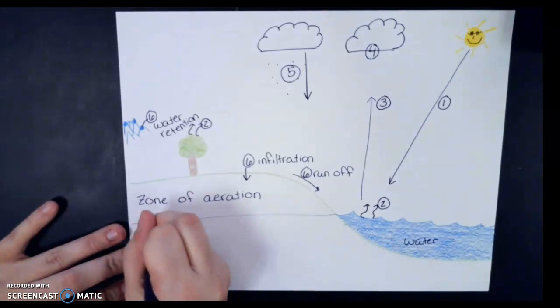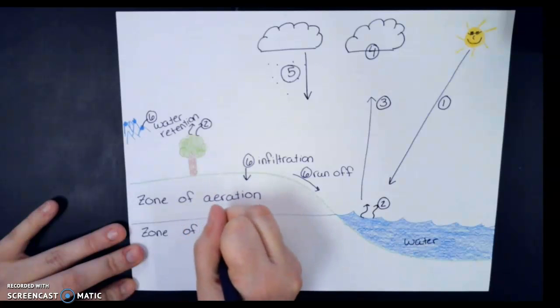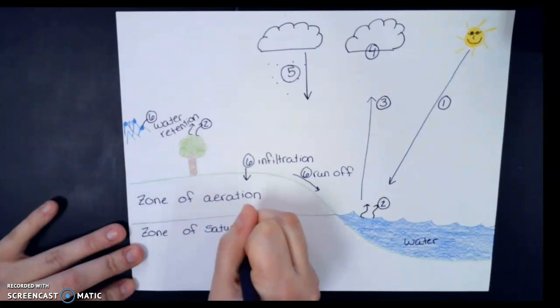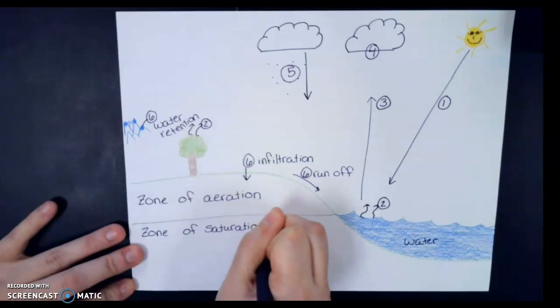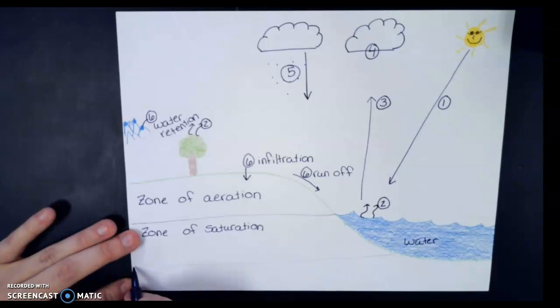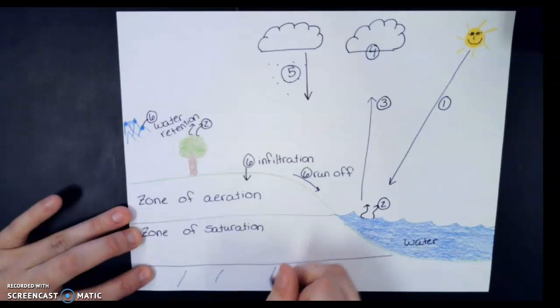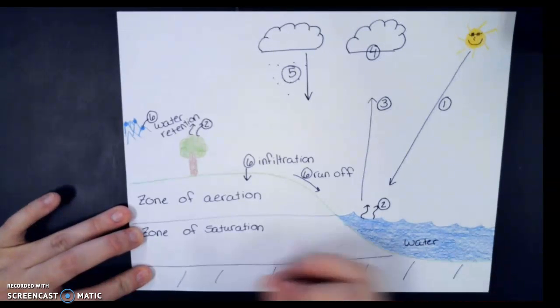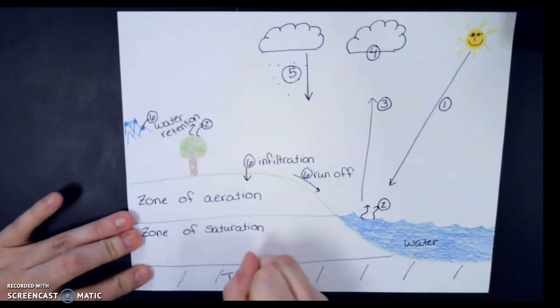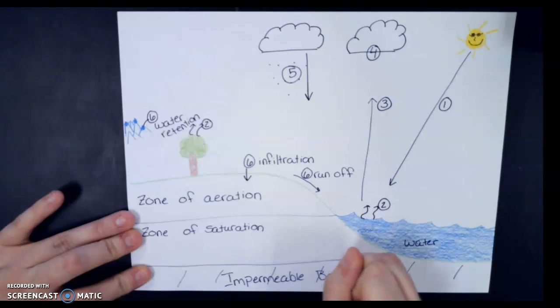Underneath that, we have the zone of saturation. And then we also have our impermeable bedrock, meaning no water can go through.